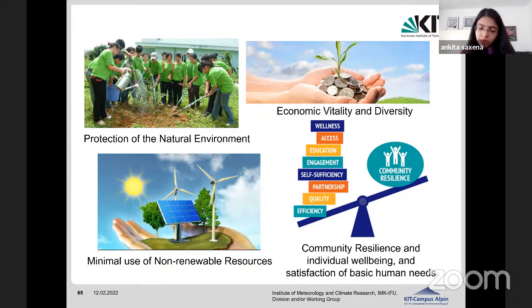So this also can be planned through scenarios, and minimal use of non-renewable resources, maybe by replacing conventional energy resources with the help of renewable energies like solar panels, wind power.